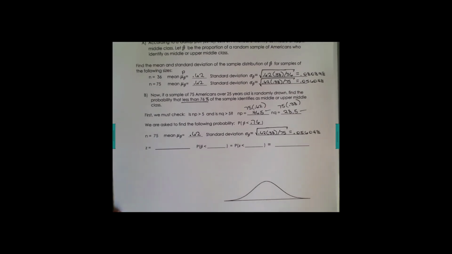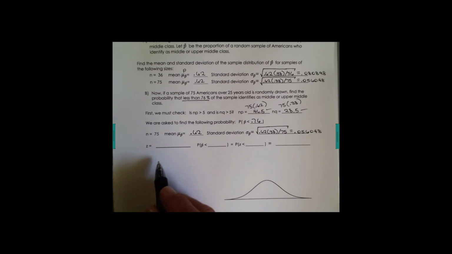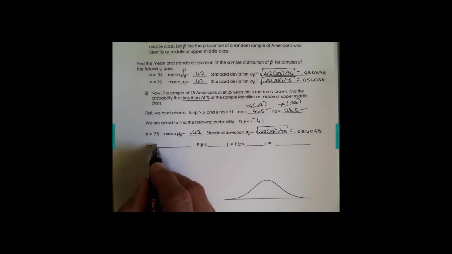I need to calculate my z-score now. Now, these problems are very much like what we've done for the data items, the x-values, and the sample means, the x-bars. The only difference is we're dealing with proportion data. So how do I calculate the z-score? Well, remember the formula. It's pretty similar to what you've been doing. I'm going to accept a lot of decimals, right?